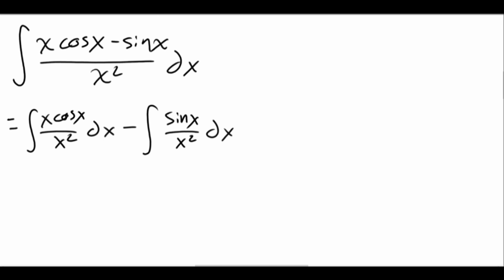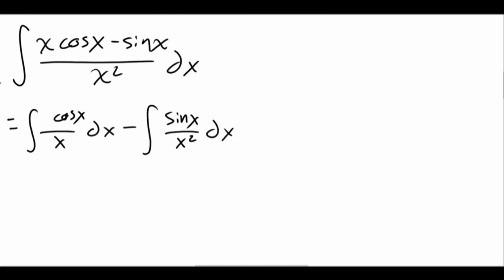So you'll notice here on the left that this x divides out with one of the powers of x in the denominator. So we're just left with cosine x divided by x for this integrand. So now we're left with two integrals that are just a trig function divided by some power of x.